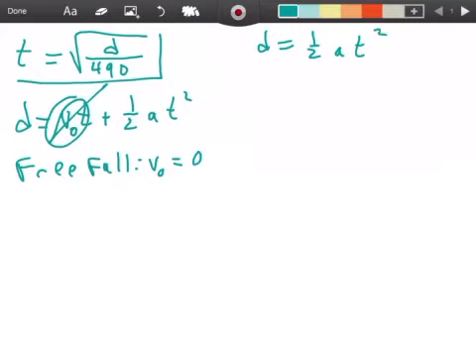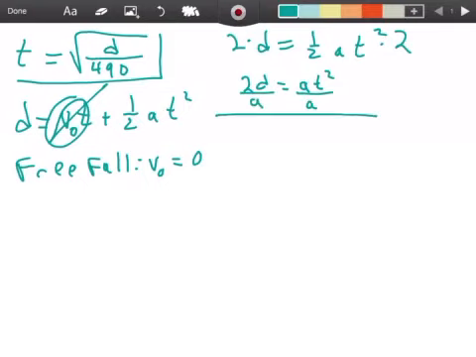We can take this equation and solve it for time by multiplying both sides by 2 to get twice the distance equal to acceleration times time squared. Then divide both sides by acceleration. So 2 times the distance divided by acceleration equals the square of the time.